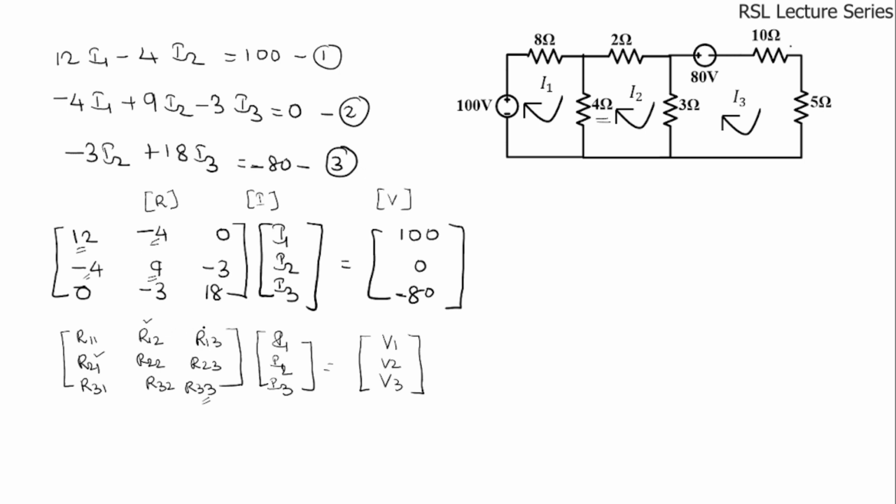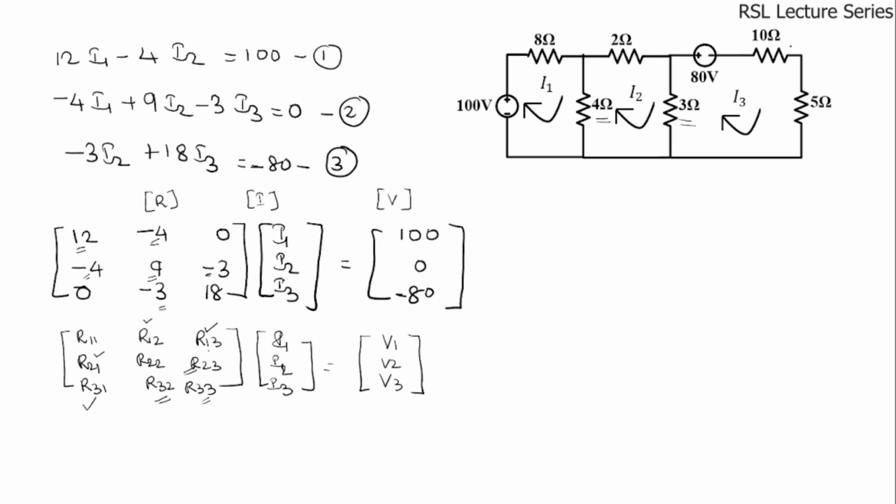Similarly, R13 and R31 are the common elements between mesh 1 and 3 with the negative sign. In between mesh 1 and 3 we don't have any common element, so we put 0 here. Next, R23 and R32 are the common element between mesh 2 and 3 with the negative sign. In between mesh 2 and 3 we have a 3 ohms resistor, so here we have minus 3.